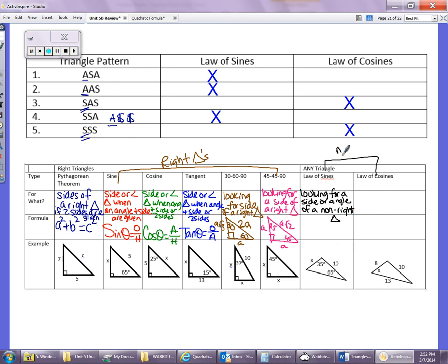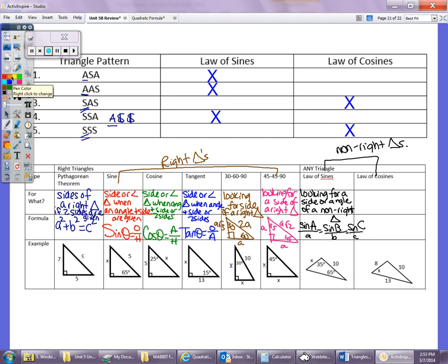So these are for non-right triangles. Okay, now the basic formula for law of sines would be sine A over A equals sine B over B equals sine C over C. Again, pause and rewind this video if I'm talking too fast.